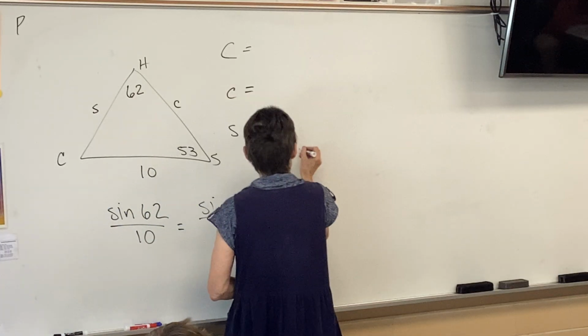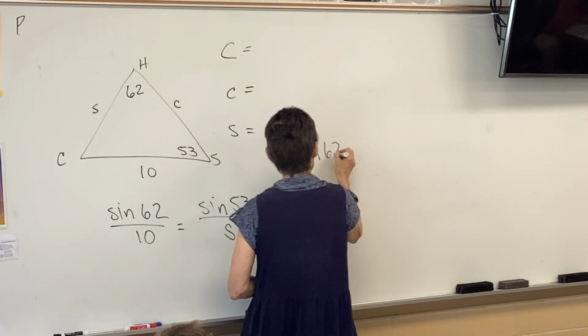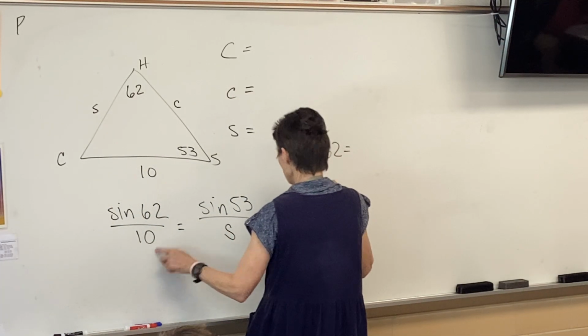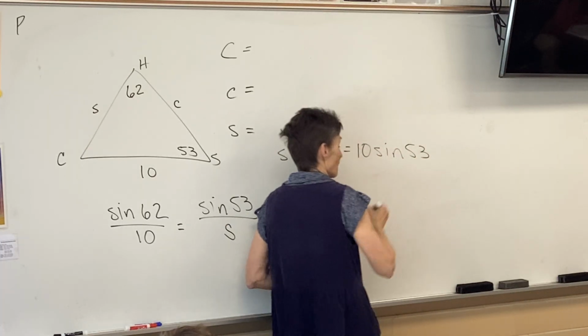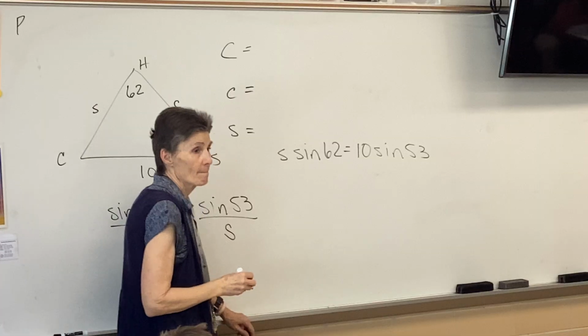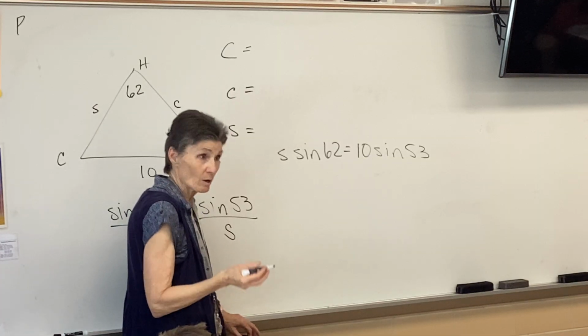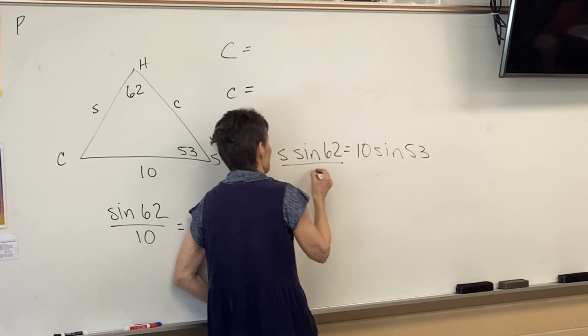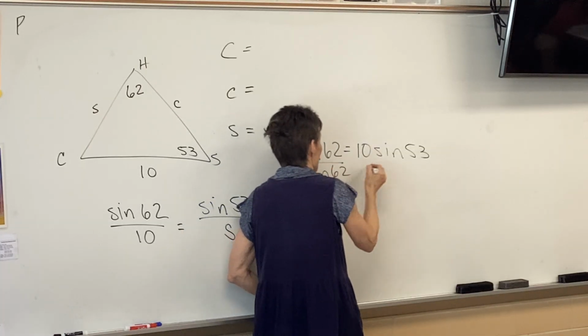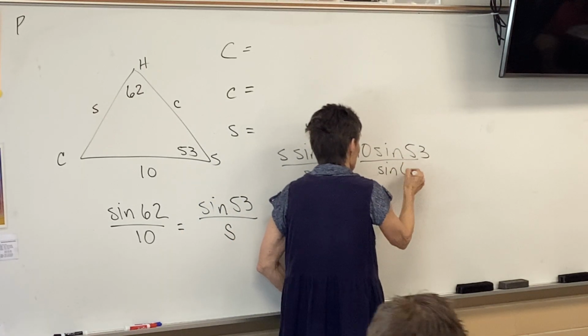S sine 62 equals 10 sine 53. After we cross multiply, we always divide. And then we go to our calculator.